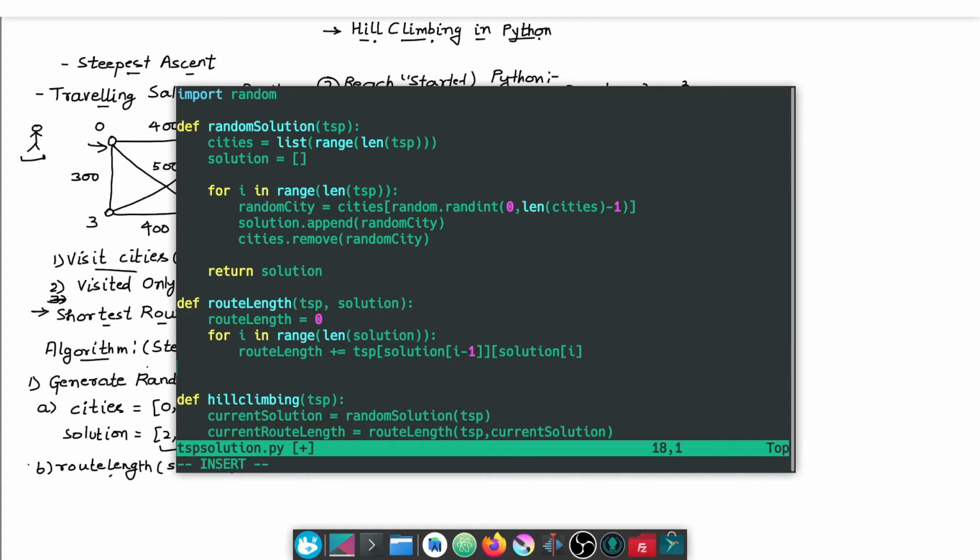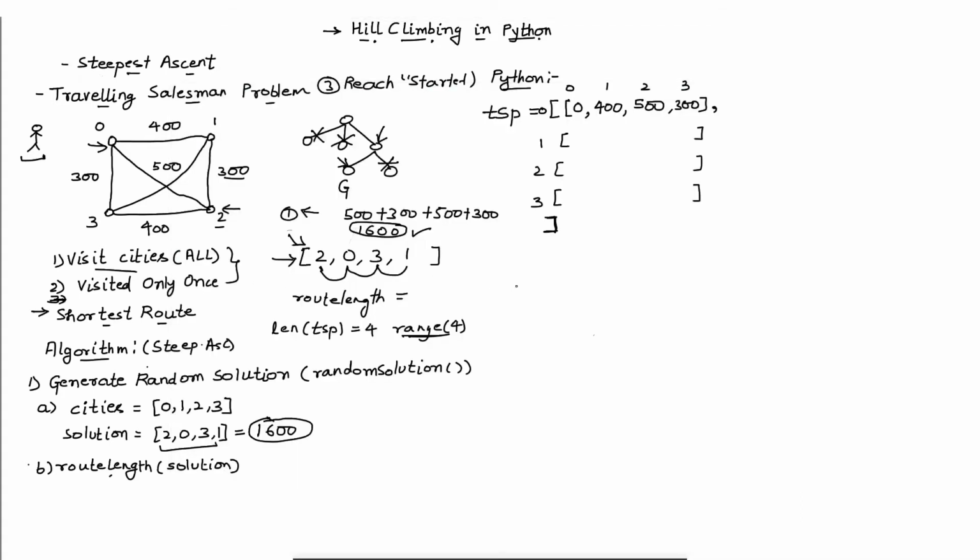So what we are doing is, in this line I'm just going to show you here that in the root length part we are actually using root length plus equals TSP, which is our problem space, and inside of this TSP we are going to use the row and column.